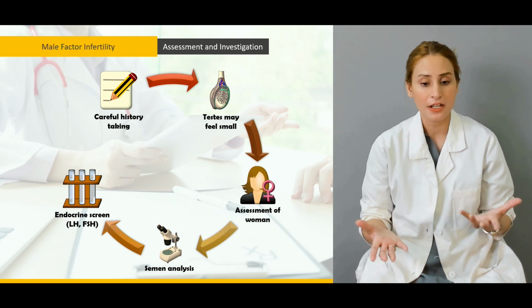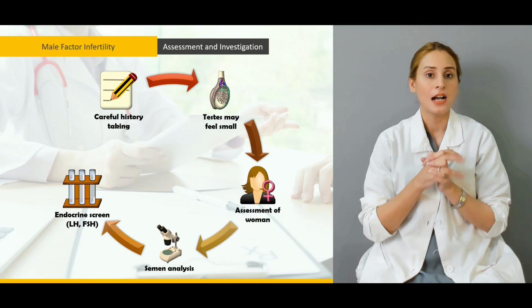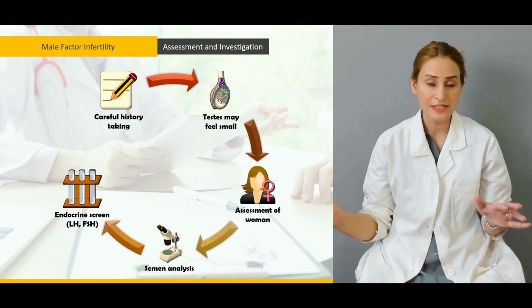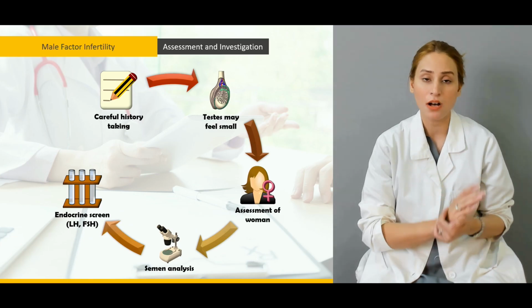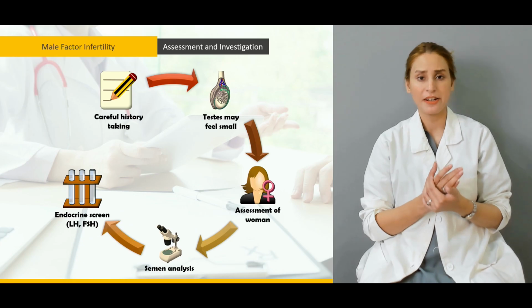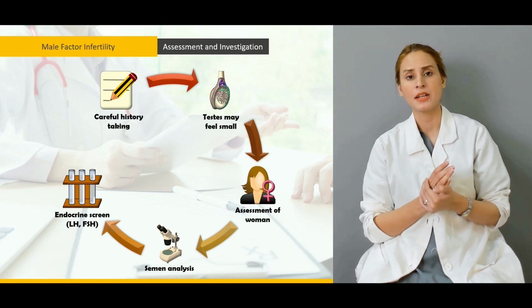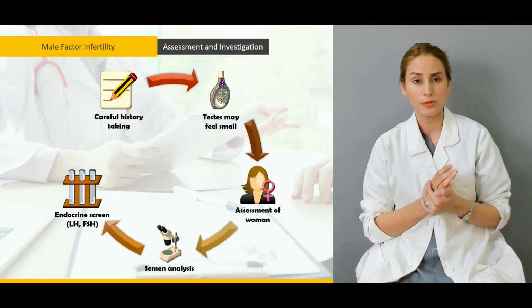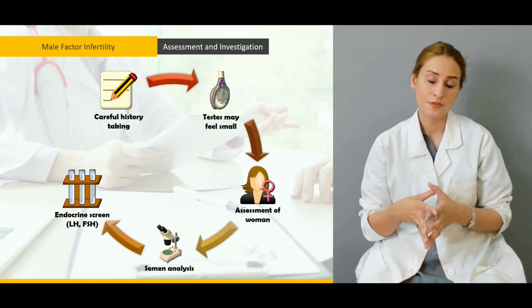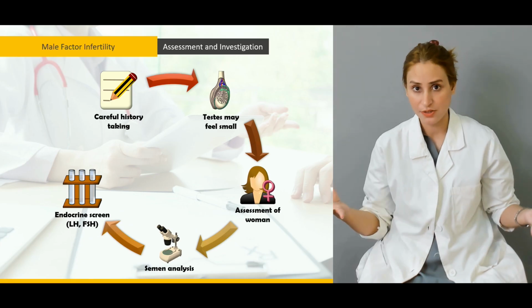The semen analysis can be normal, or there can be oligospermia or azoospermia. Oligospermia means there's some production of sperms, but it's deficient or decreased, not up to 5 million per ml. Or there can be azoospermia, where there's no production of sperms at all.